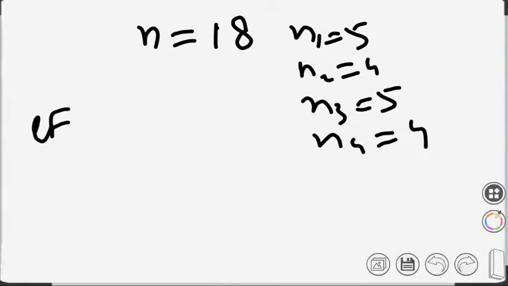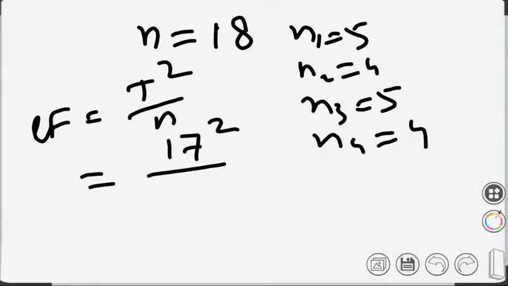CF is T square by n, so calculate that. 17 square divided by 18 is 16.05.